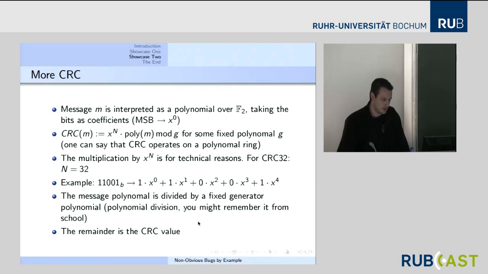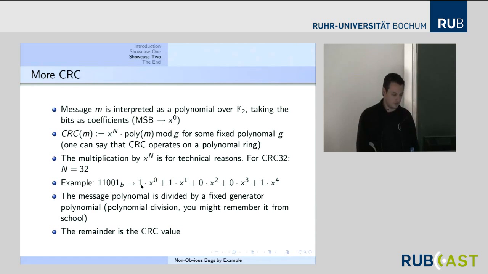I have an example here, so I will cover it later on. Then you take this polynomial and divide it by some fixed polynomial that depends on the CRC implementation. And the remainder of this operation is the CRC value. And that's basically it. For instance, if you have this message here in binary, 11001, you would get this polynomial.